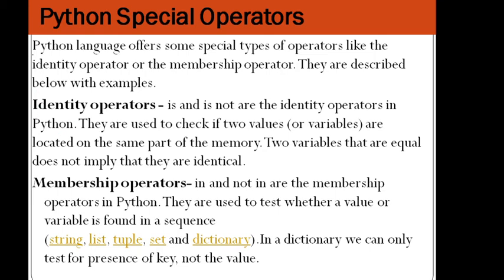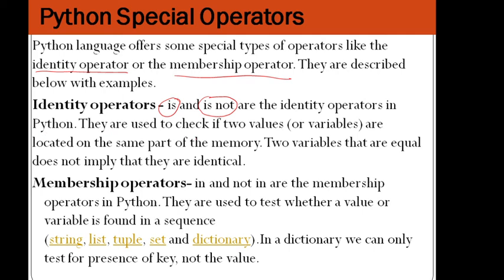Python language offers some typical special operators like the identity operator, right? First, there is an identity operator, and another is the membership operator. So what is the identity operator? Two identity operators are there, is and is not, right? So these are two identity operators in Python.